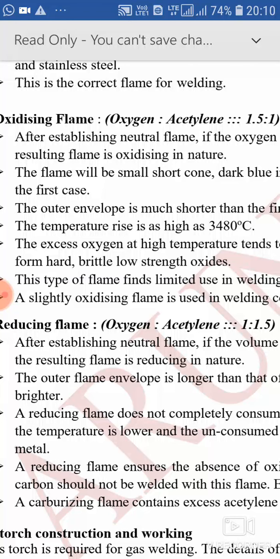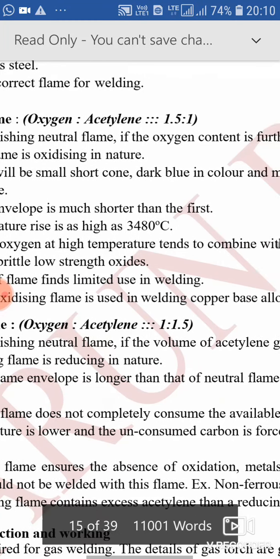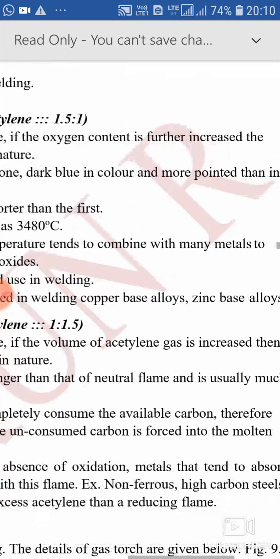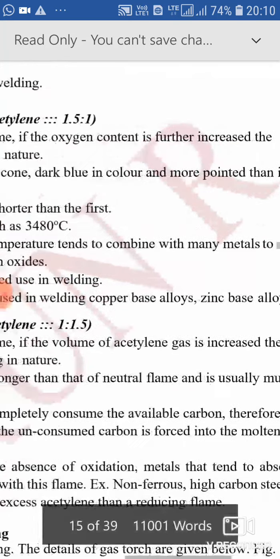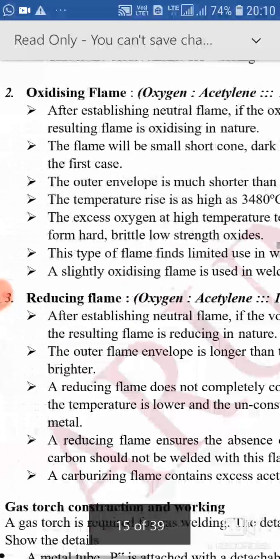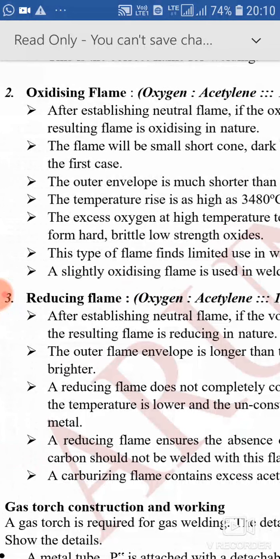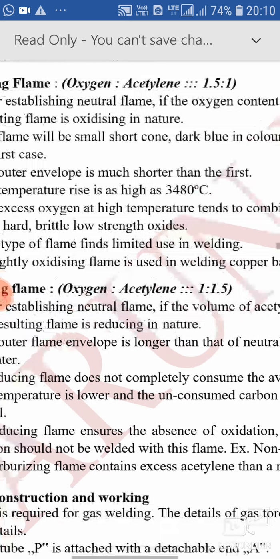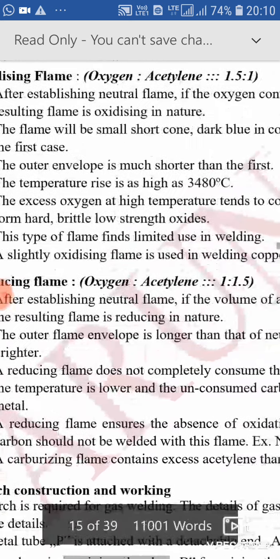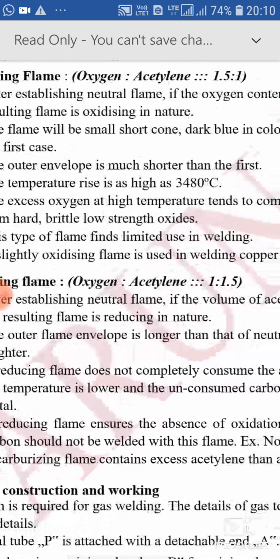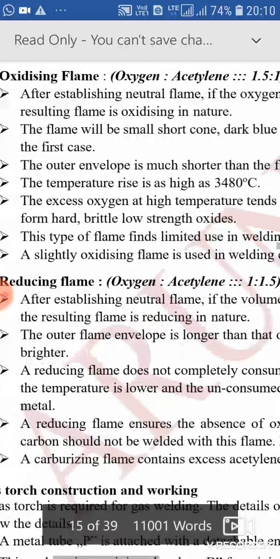The flame will be small, a short cone, dark blue in color and more pointed than in the first case. The outer envelope is much shorter than the first. The temperature rise in this flame is as high as 3480 degrees centigrade.